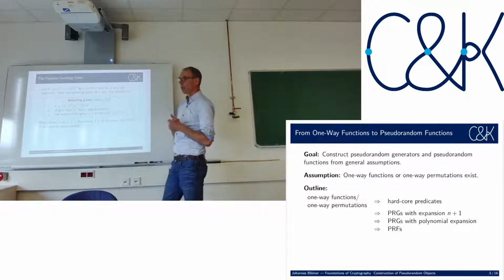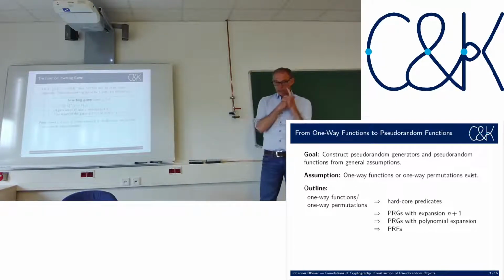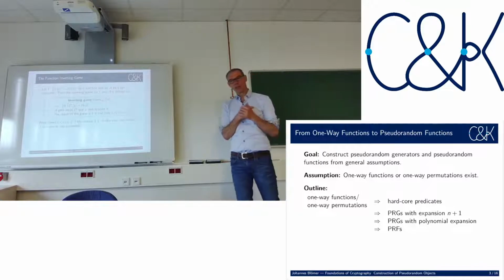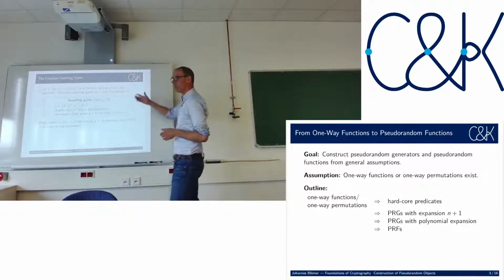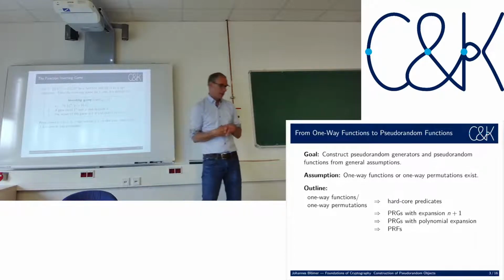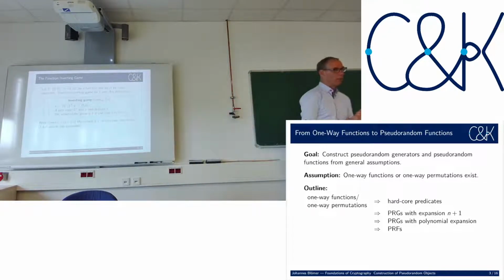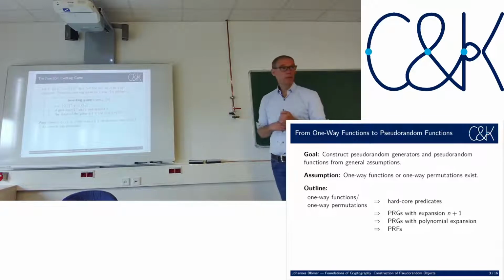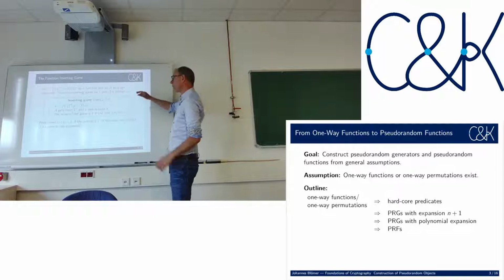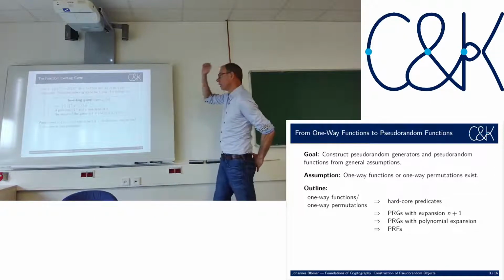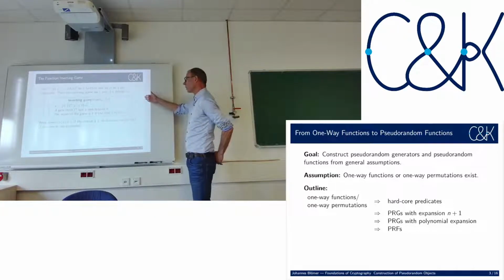And to formalize this hardness of the reverse direction, the inverting direction, as we always do in this course, we use a game, the so-called function inverting game. So this is about defining one-way functions, and we do that with this inverting game.